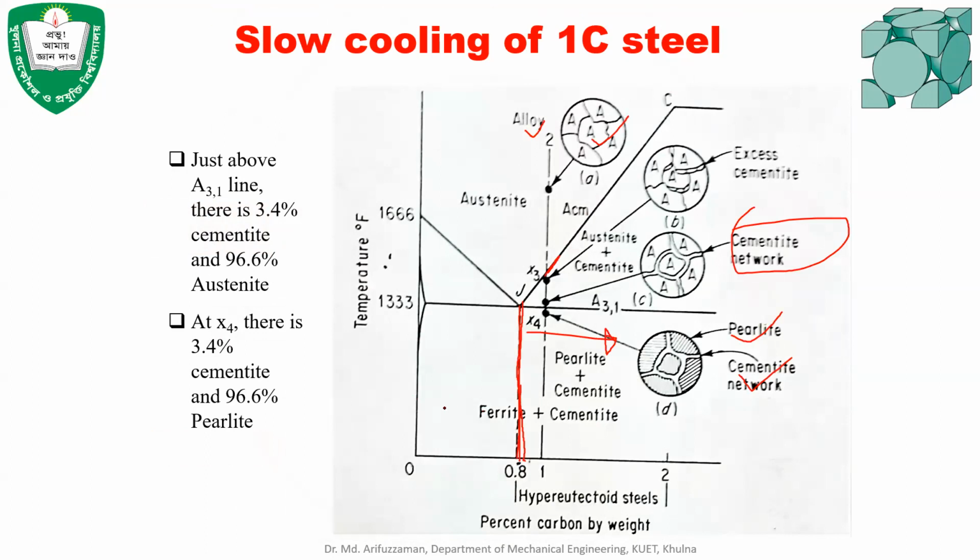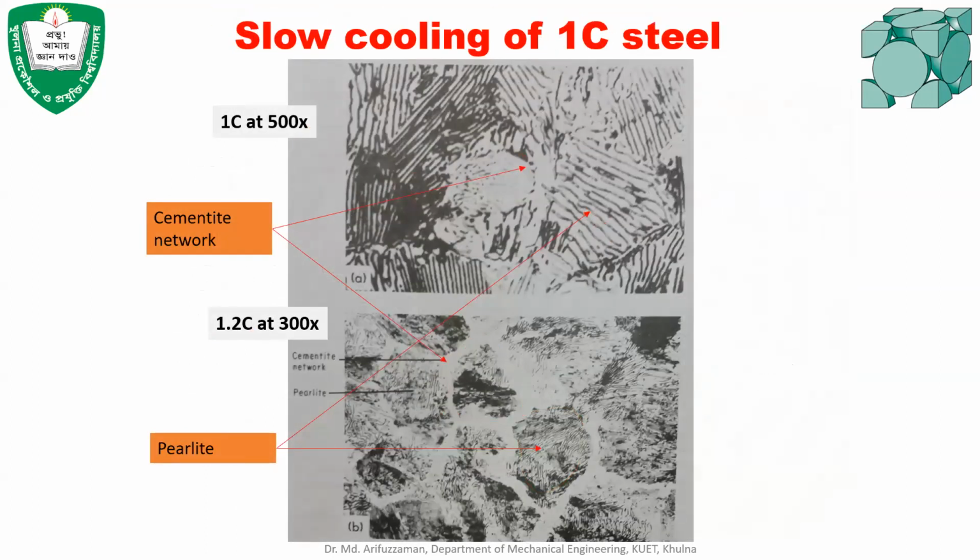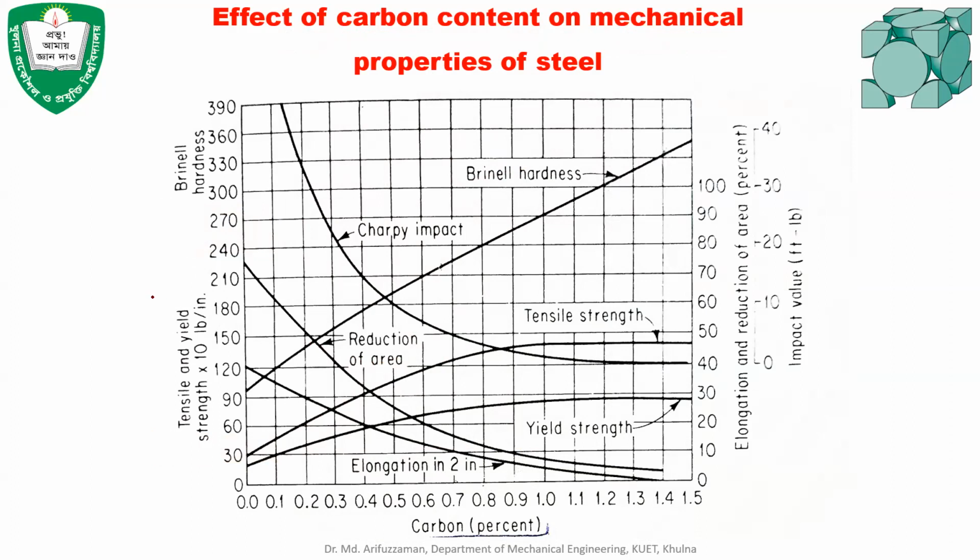All right, then this is a comparison table showing the effect of carbon content on the mechanical properties of steel. If you increase the carbon content of steel from 0.0 to 1.5%, you'll see that hardness increases sharply, rapidly, almost linearly.